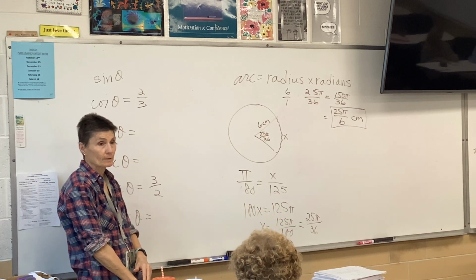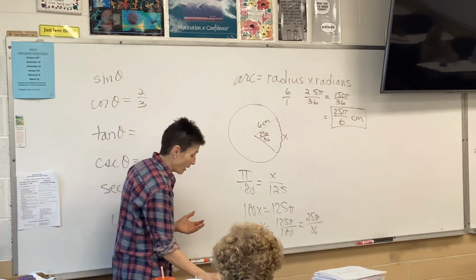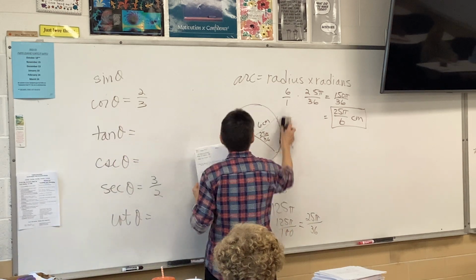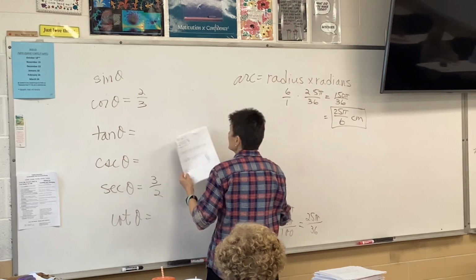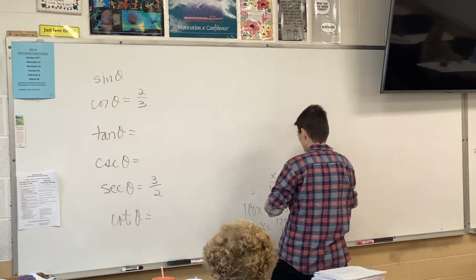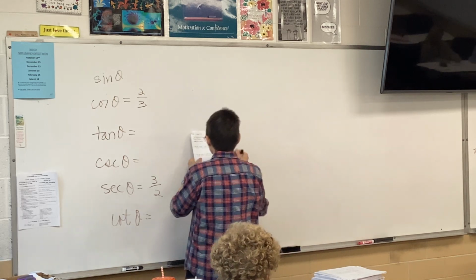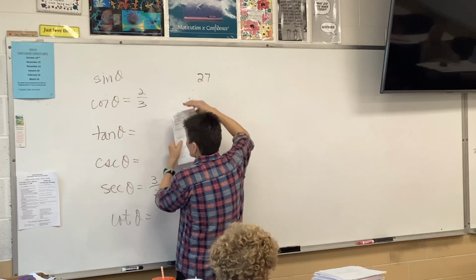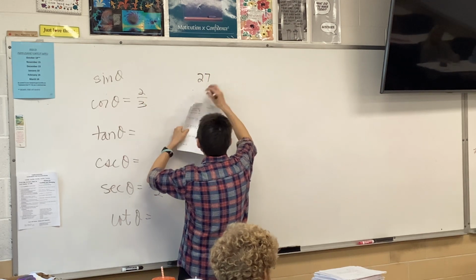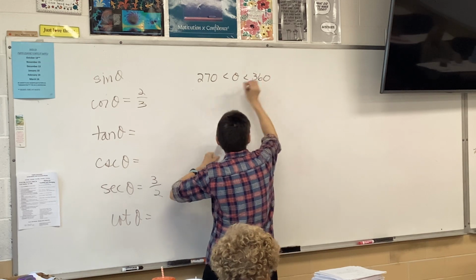Okay? So, Jocelyn, you with me so far? Okay. Now, what else do I know? I need some kind of a picture in order to fill those in. So what else do I know? Yeah, I know adjacent and hypotenuse, but when I go to draw my picture, I have to pay attention to this.